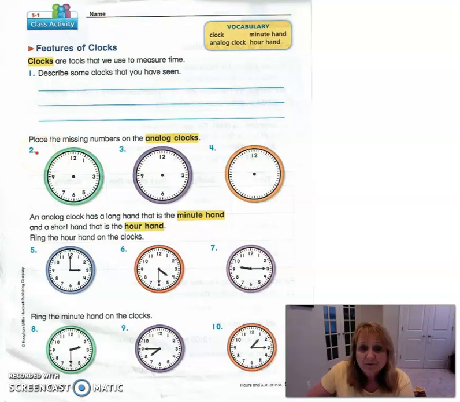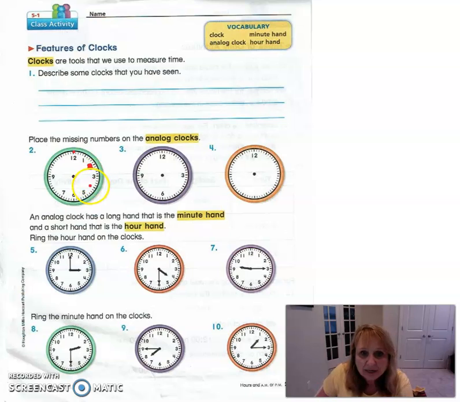Number 2, 3, and 4, it says place the missing numbers on the analog clocks. So what they want you to do is just like when we made the clock yesterday, they want you to write in the missing numbers. We know that 12 is right up at the top of our clock. And then we go to 1, and then 2. Now my writing is going to be a little bit messy because I'm writing with this pen.